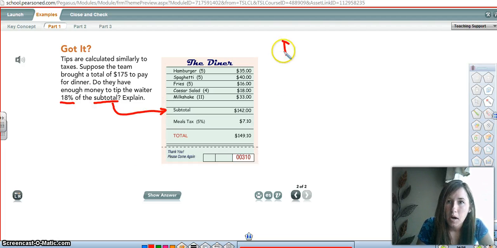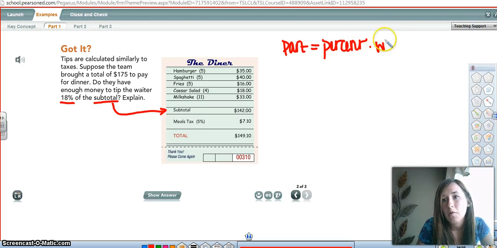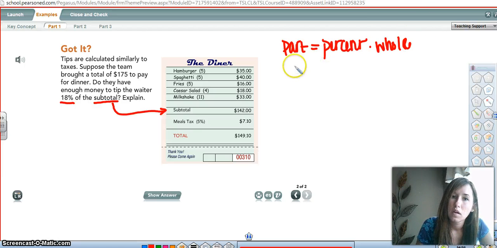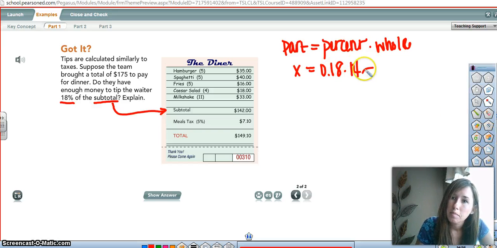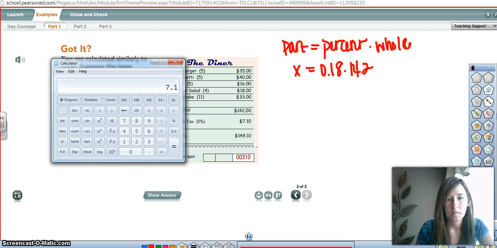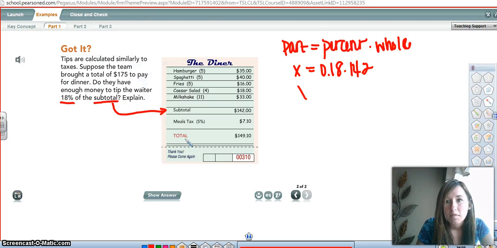Okay, so our part would be our tip, and then we have our percent of 18, and our whole would be that subtotal. So our part is the tip, we don't know that, 18%, and the whole is the subtotal. 18% of 142 is 25.56.